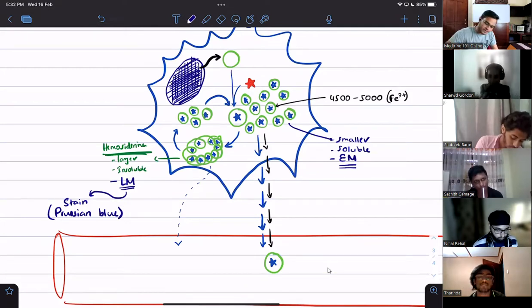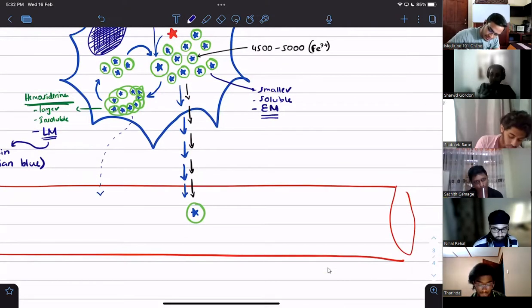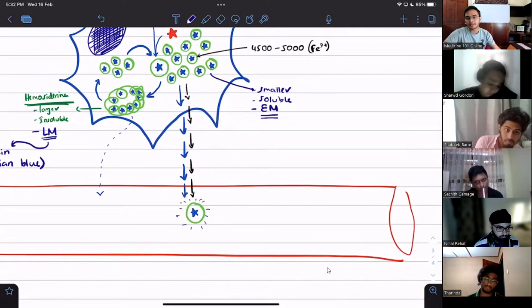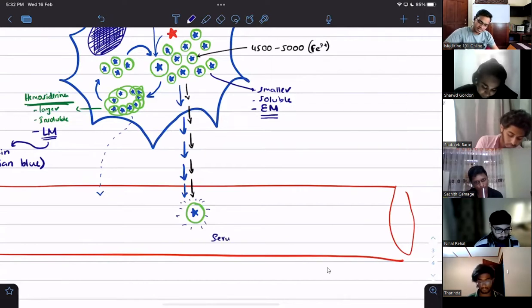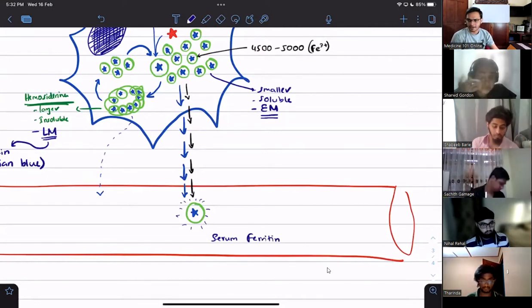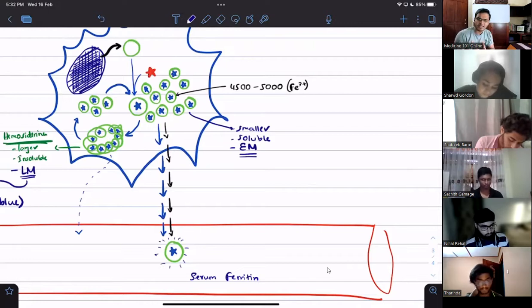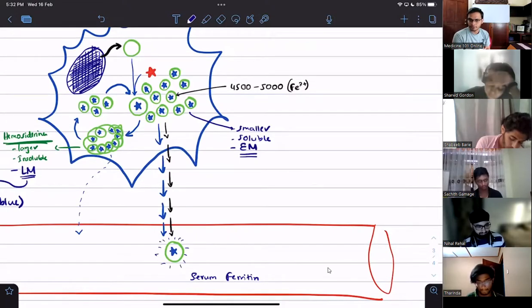Now look at this, guys. When this ferritin is in the blood, in the iron profile, what do we call this? Serum ferritin. And what did we say about ferritin? Ferritin can easily travel from the macrophage into the blood circulation, unlike hemosiderin.